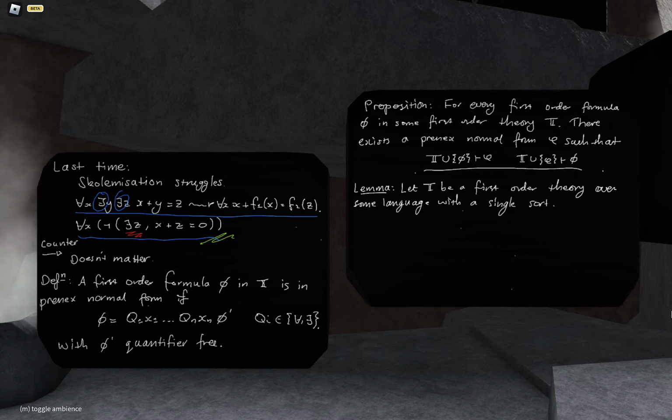I'm assuming that T is over a language with only one sort, and that all of the formulas are in prenex normal form and closed. By closed, I just mean that the formulas have no free variables, so the free variable set is the empty set. And the statement is, if T admits a model, then so does the Skolemization.